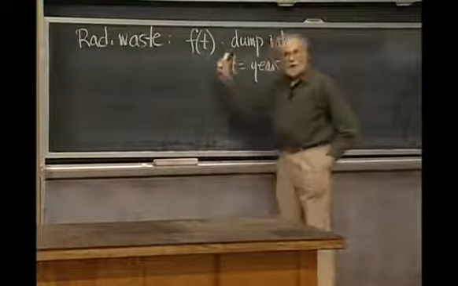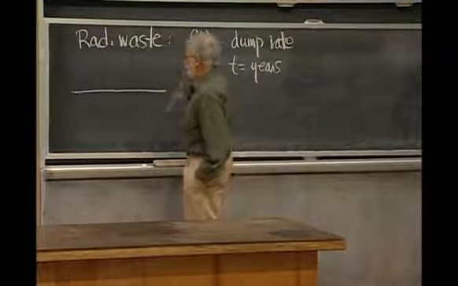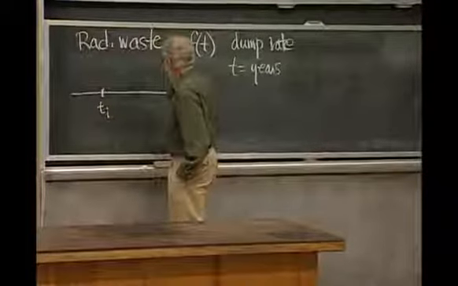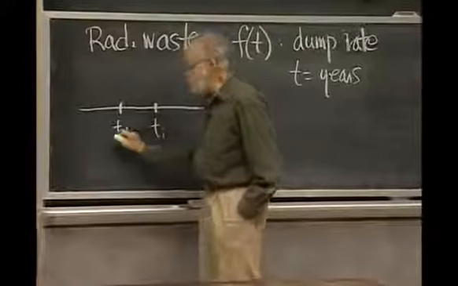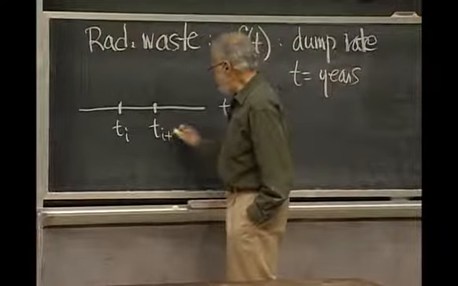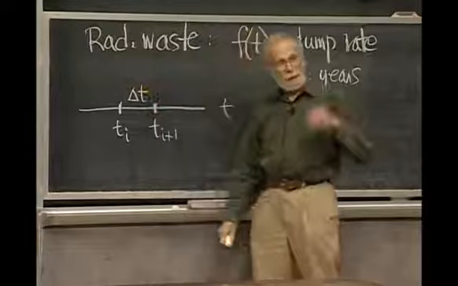Now, what does the dumping rate mean? On the time axis, if I have two times which are close together, for example, two successive days, say midnight on two successive days, then there's a time interval between them. I'll call that delta t.